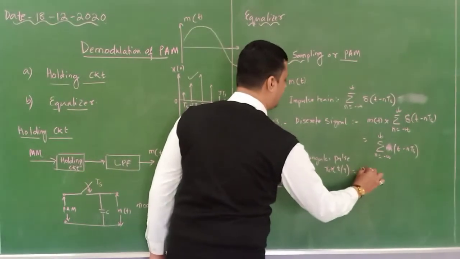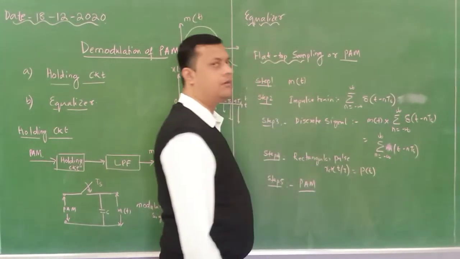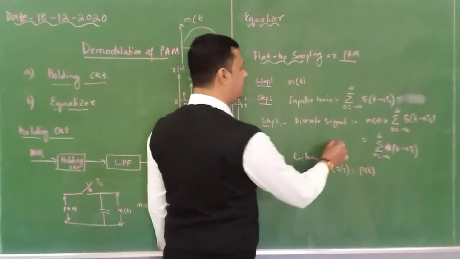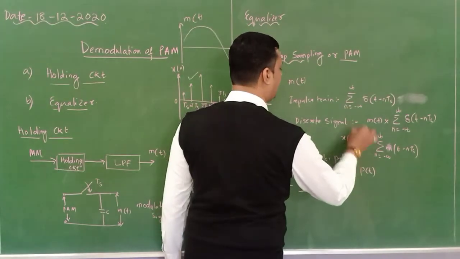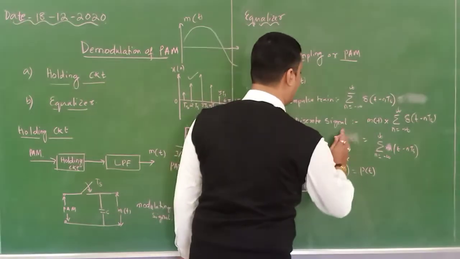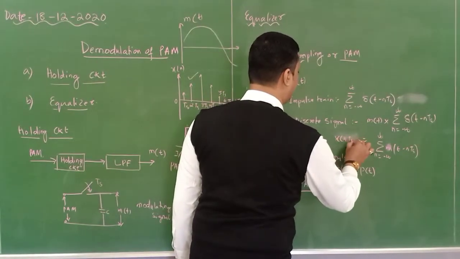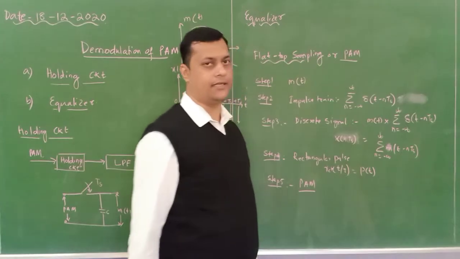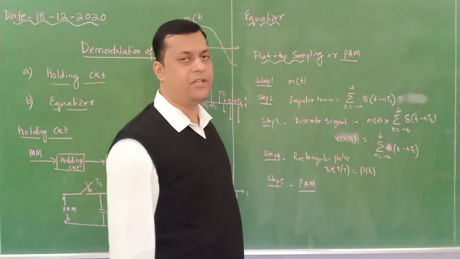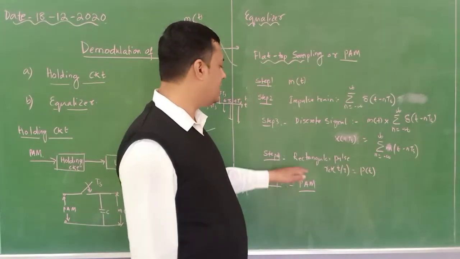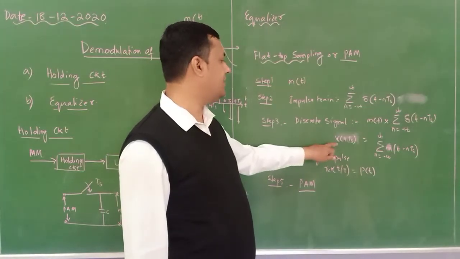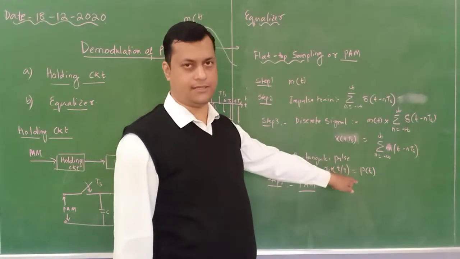This rectangular pulse you can consider as P of t. This P of t is multiplied with, let us consider this is x of t, the sampled signal, x of nTs. This one I can write as x of nTs, which equals m of nTs shifted. Now x of nTs is multiplied with P of t. Now you are generating the PAM signal. The PAM signal is nothing but the multiplication of this with the pulse.